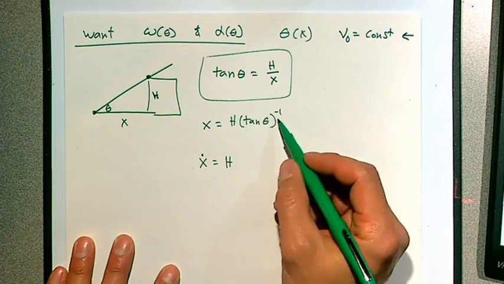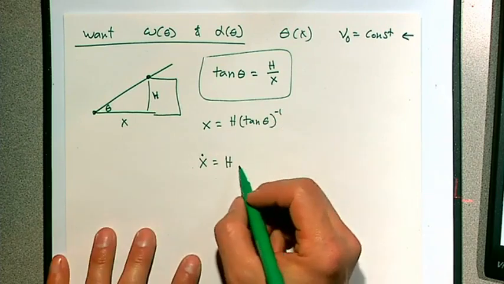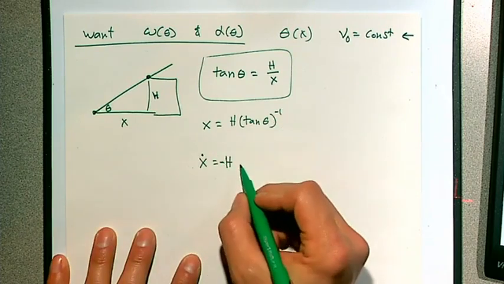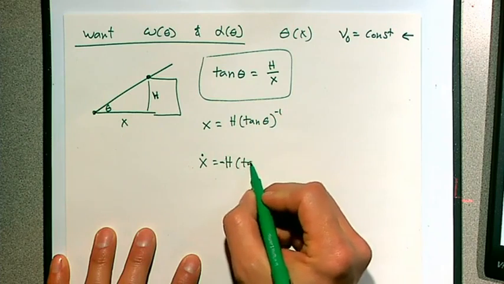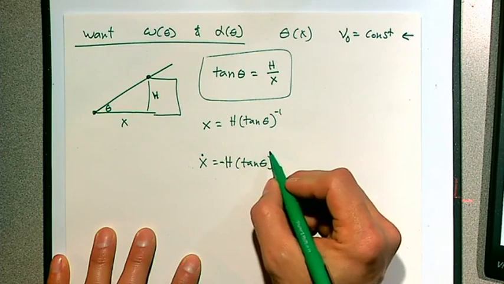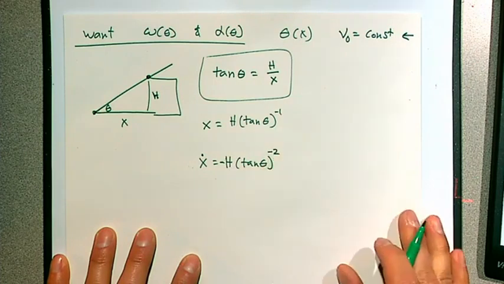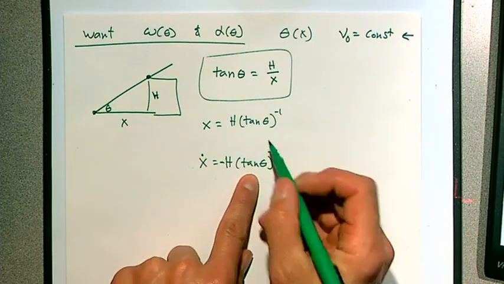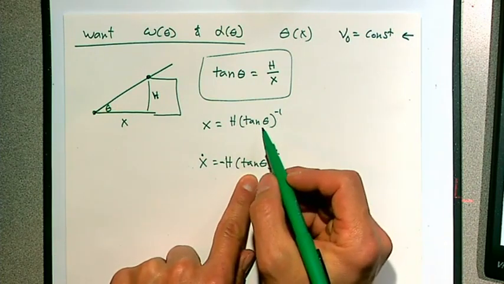Derivative of this monster, I got minus 1 comes out the front. I'll put that in front of h. Then I've got tangent theta. This goes to 1 less, so minus 1 becomes a minus 2. And now I need to take the derivative of what's inside this power.